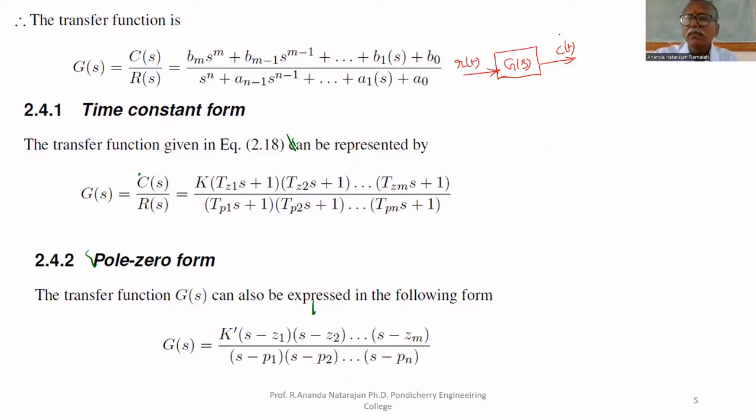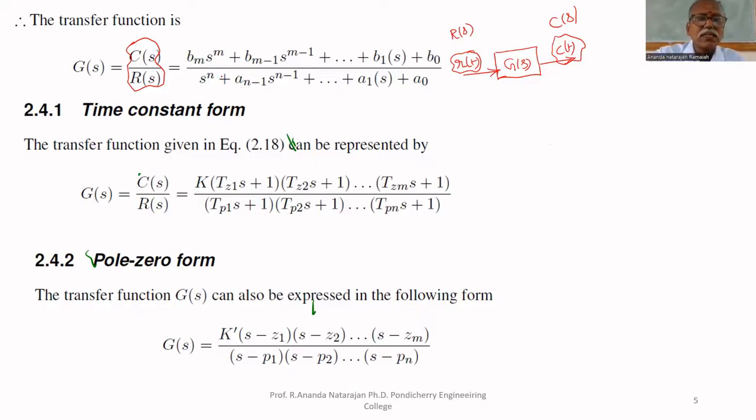If we take Laplace transform of C of t, you will get C of S. The same way, if we take Laplace transform of R of t, you will get R of S. The ratio between C of S and R of S is called transfer function. So, the model of the system is represented as ratio between the Laplace transform of output and input.